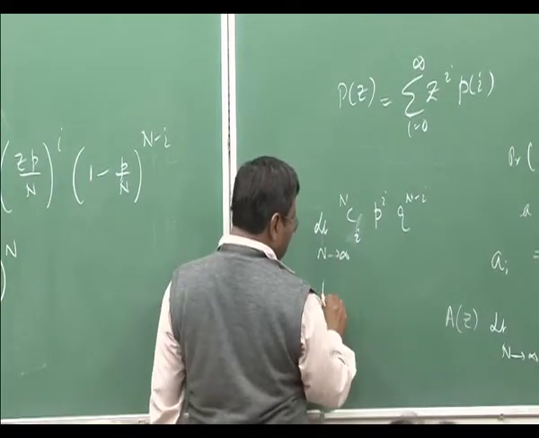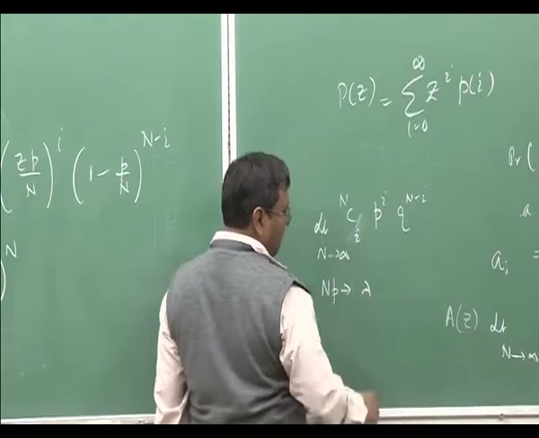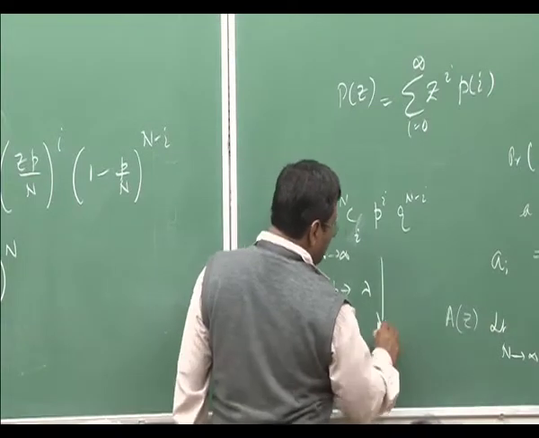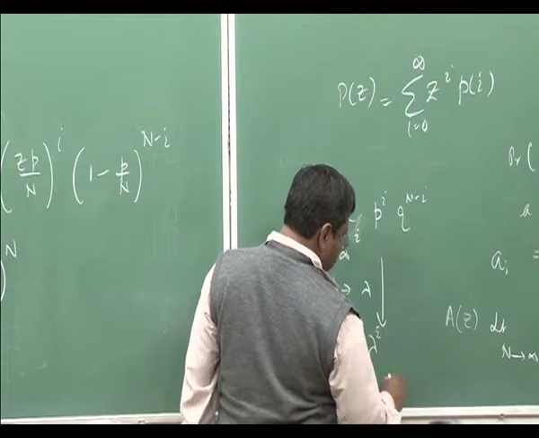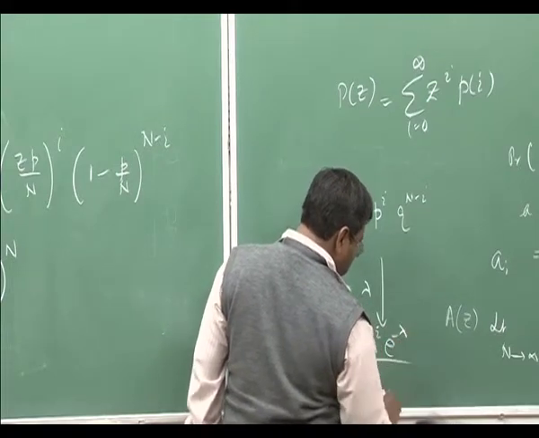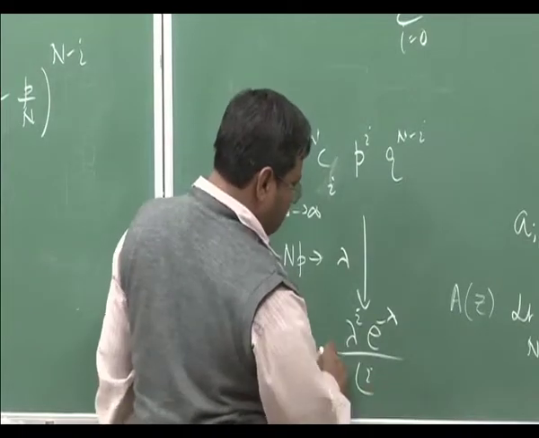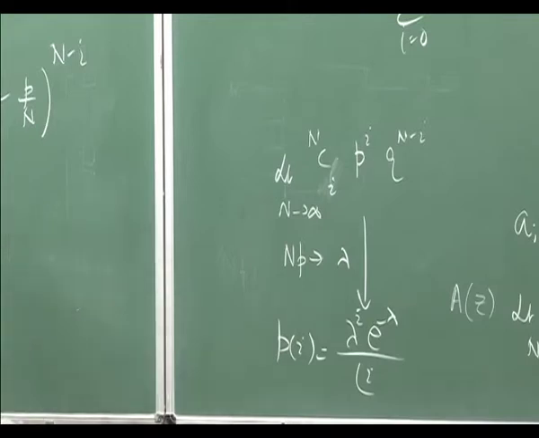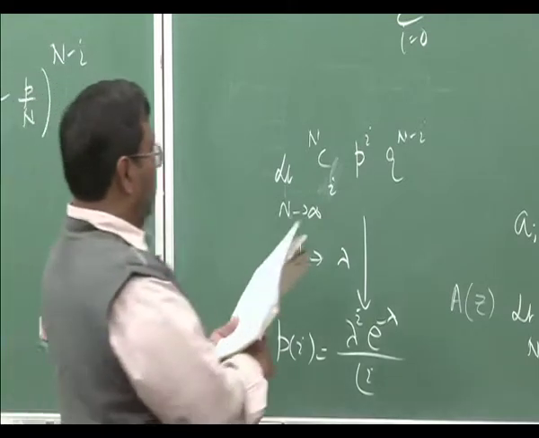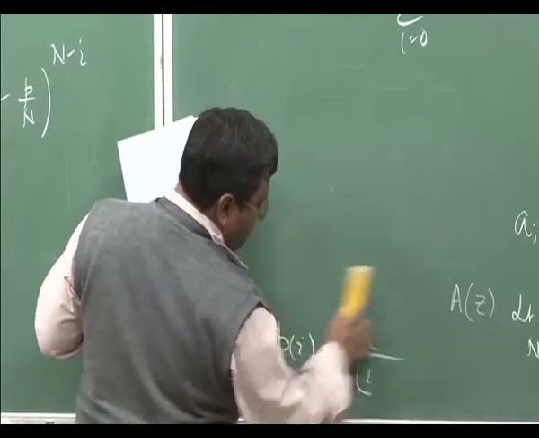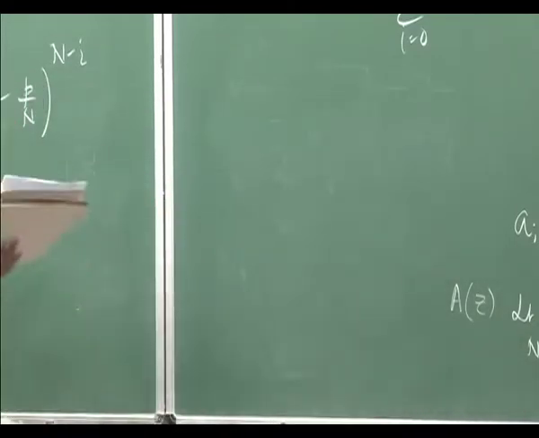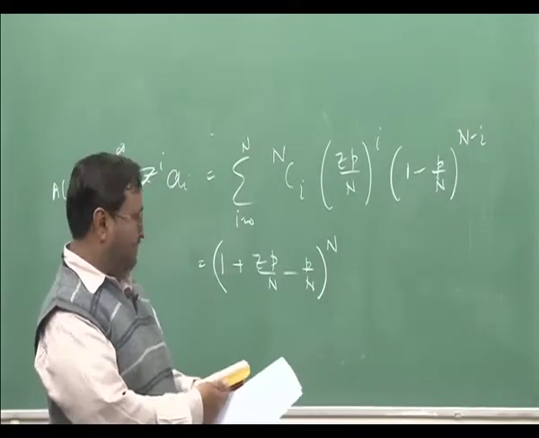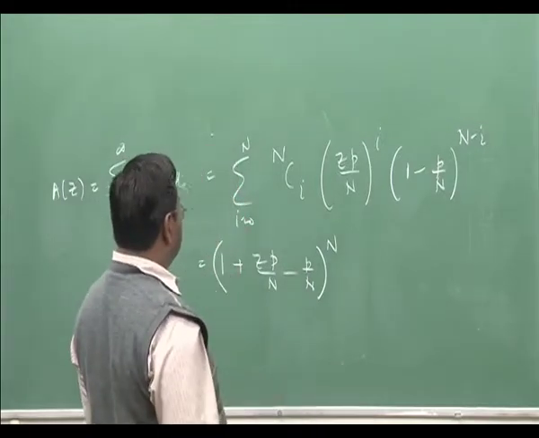So when you do this, your n into P conversion goes to lambda kind of thing, must have done that way. Okay, and this then converges onto lambda raised power i, e raised power minus lambda, divided by i factorial. So Poisson statistics. So I am technically using the same thing. Since it was P by n, so capital N into P by n, in the limit will always become equal to P.